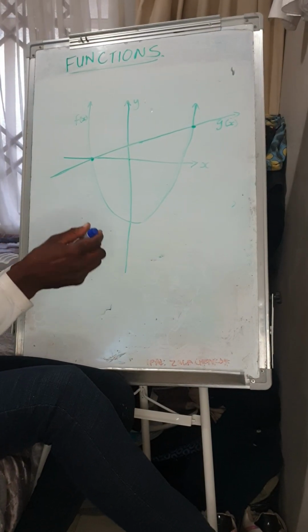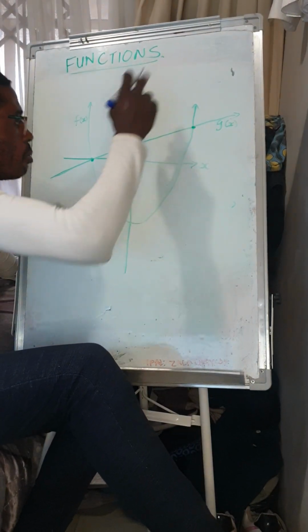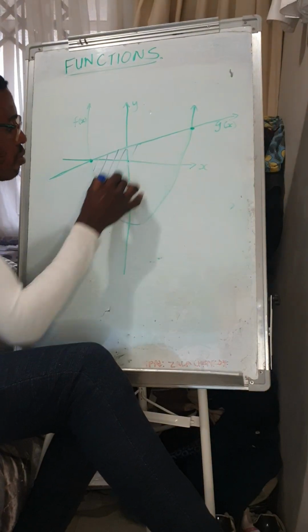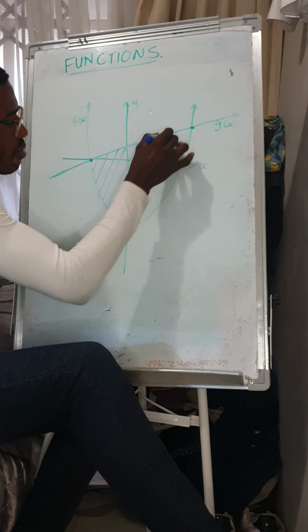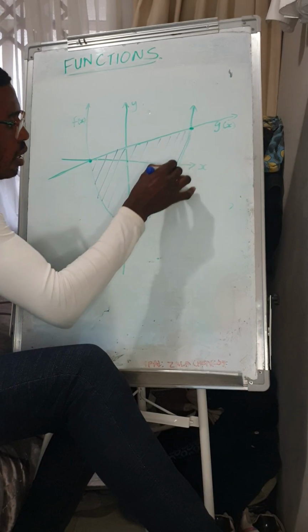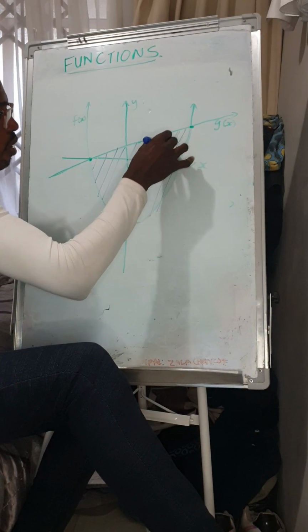Greater than f of x, which means f of x. Remember, f of x is this curve going down the side. So all this part you notice, they tend to explain it better in grade 11 and 12.